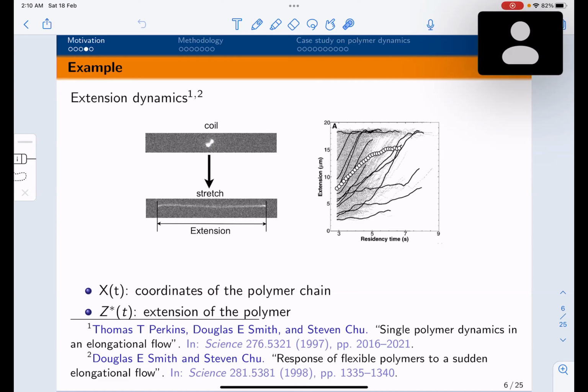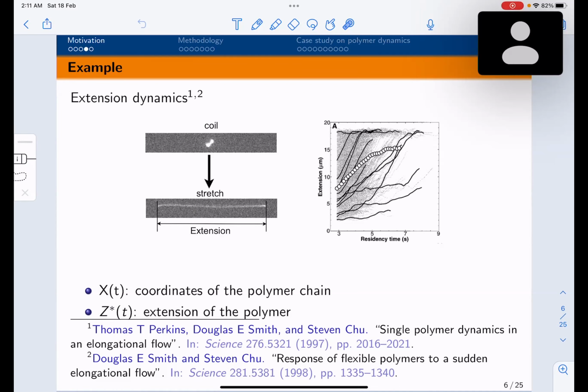And we are not interested in how each bead tends to this state. We are interested in the intention. What's the evolution of the intention? It means this star T here. So this star T is the intention of the polymer.